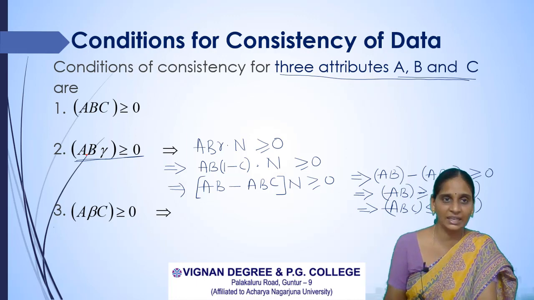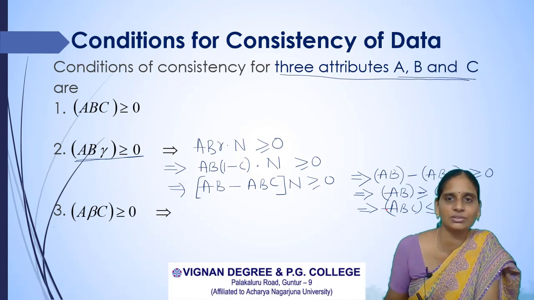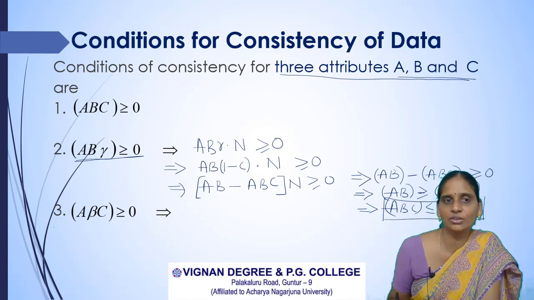We have taken three attributes A, B, C. So that is frequency of AB gamma is greater than or equal to 0. Then we get the consistency condition: frequency of ABC is less than or equal to frequency of AB.